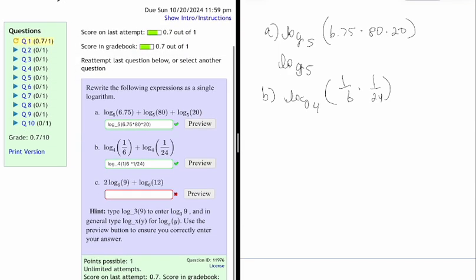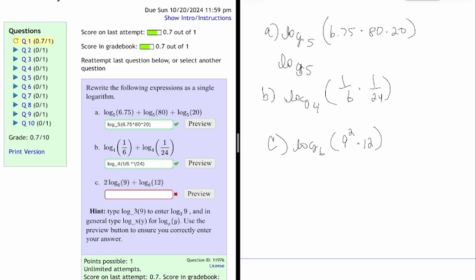And then let's look at the last one. Now, my last one and your last one might be different, but they probably have a common theme. Do you see how my C has a 2 in front? We have to make that a power first. So that would be the log base 6 of 9 squared times 12, because that 2 would go down the 9 and make it a 9 squared, but the plus makes the 9 squared and the 12 multiply together.